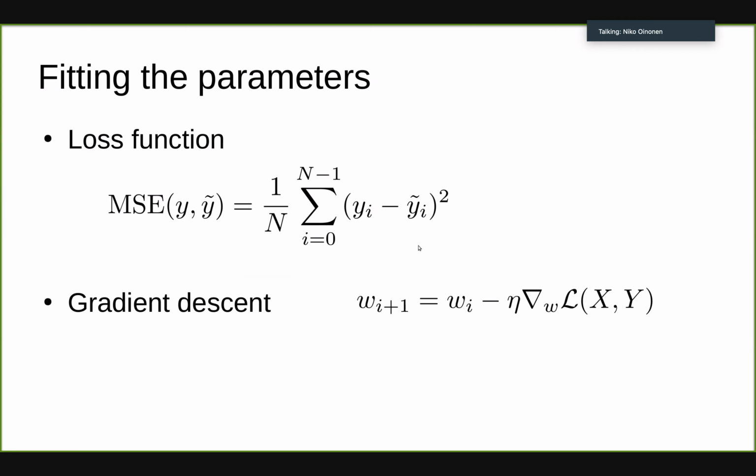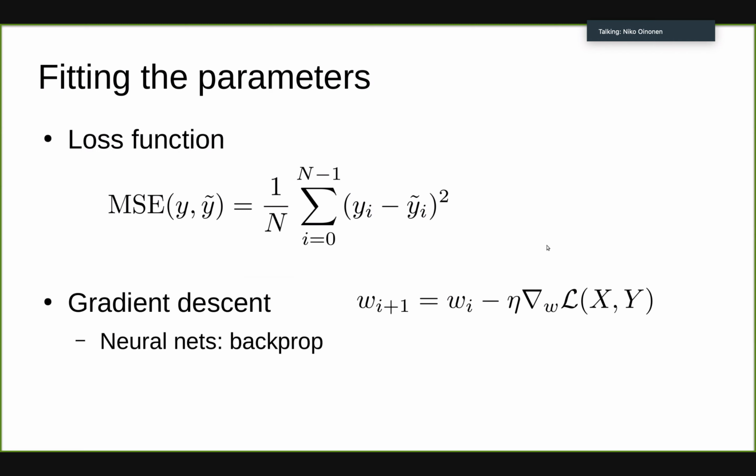The idea here is that if you take some parameter w in your model, then for that parameter you take the gradient of the loss function with respect to the parameter, and then you change that parameter by stepping in the opposite direction of the gradient. So the idea is that you're stepping downhill to the minimum of the loss function in iterative steps.